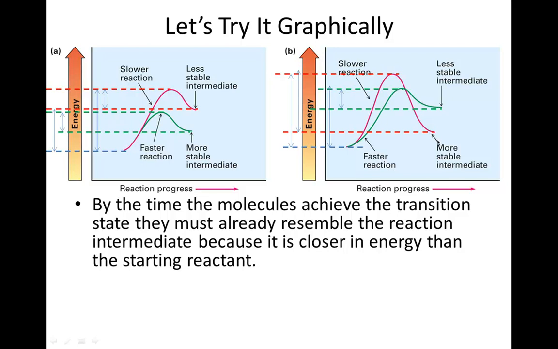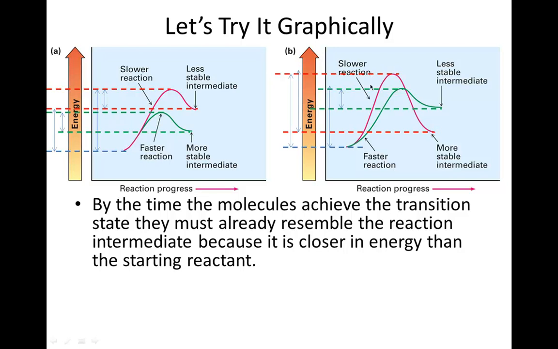Whereas if we have the opportunity to have a different path, so this is like the previous slide we talked about, path A and path B. This would be path B, a less stable product, that is the reaction intermediate, going through this transition state, whereas we have a slightly slower reaction, but this transition state still looks more like the reaction intermediate.